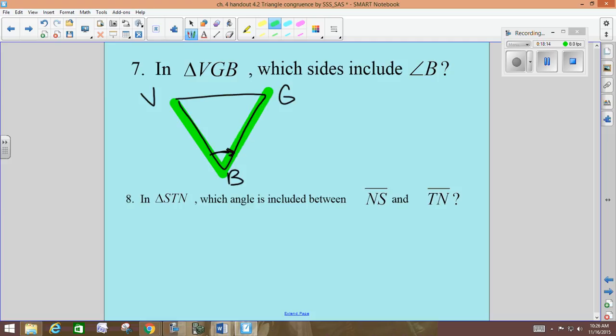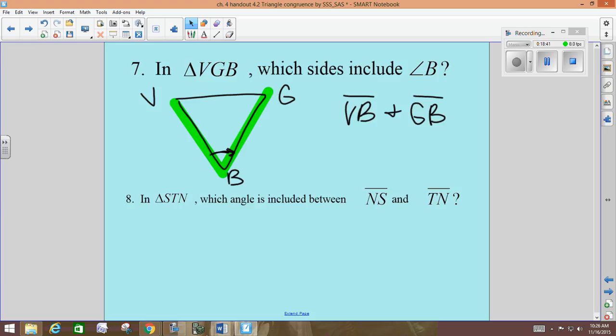Those 2 sides sandwich angle B. They're on the outsides of it. Angle B is between them. It's where they meet. So we'll say side VB and side GB. It's basically the 2 sides that make up that angle.